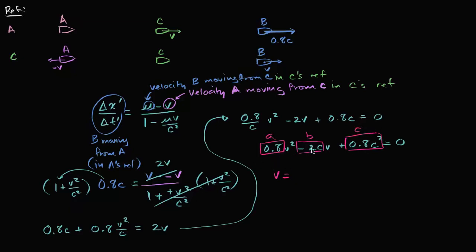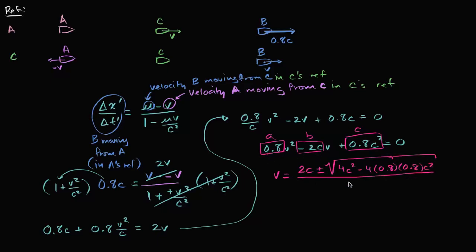So v is going to be negative b, so the negative of negative 2c, so it's going to be 2c plus or minus the square root of b squared. So negative 2c squared is positive 4c squared minus 4 times a, so minus 4 times 0.8 times c squared, 0.8 c squared, all of that over 2a.